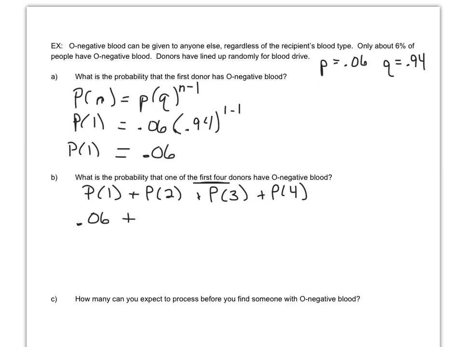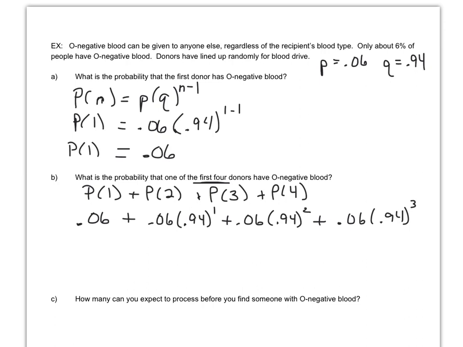Now the probability that the first success is on the second trial, that means it's no and then yes, is going to be 0.06 times 0.94 to the 2 minus 1, which is just 1, plus 0.06 times 0.94 to the n minus 1, so that's going to be 3 minus 1, which is 2, plus 0.06 times 0.94 to the third.